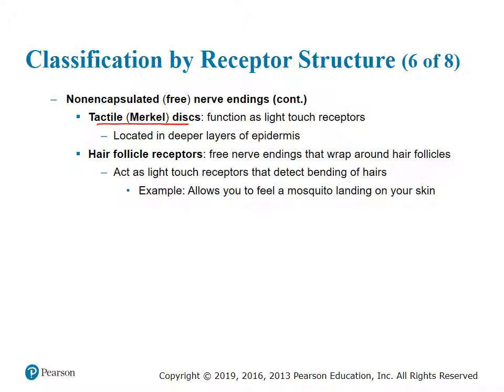The tactile or Merkel disc that we found in the skin is a light touch receptor. We have hair follicle receptors, which are free nerve endings that wrap around the hair follicle, and these are light touch receptors. When you bend the hair, we receive that change.